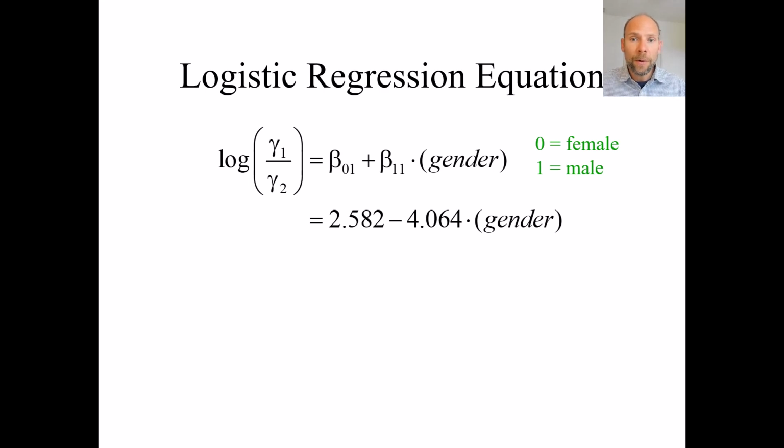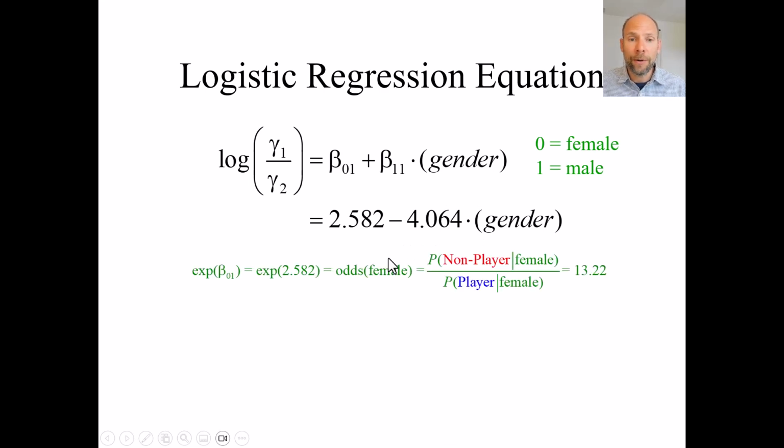And so what does this mean for our intercept and slope coefficients? How are they interpreted? We have to know that the intercept coefficient beta 01 is related to the odds in the group that's coded 0. Specifically, if we exponentiate beta 01, our intercept coefficient, then this gives us the odds in the group that's coded with 0.